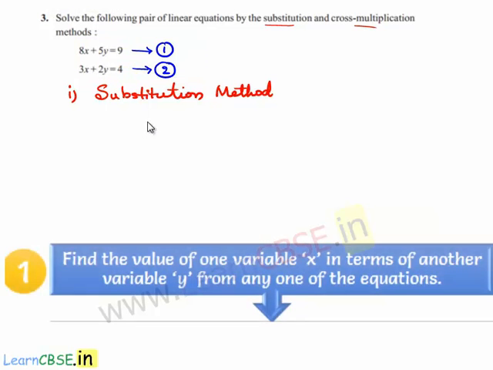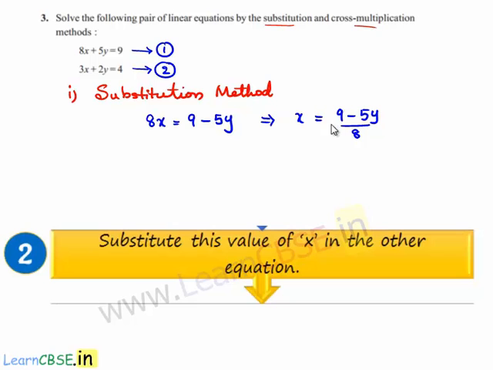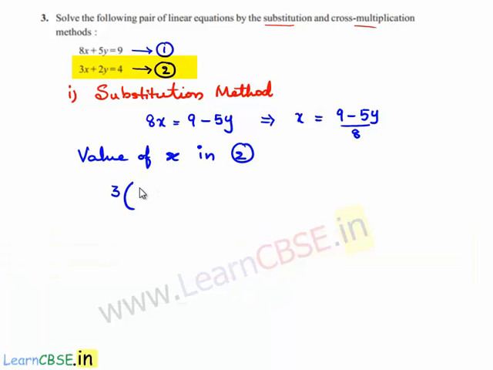The first equation can be written as 8x is equal to 9 minus 5y. That implies x is equal to (9 minus 5y) divided by 8. So let us substitute the value of x in equation number 2. We get 3 times of, in place of x we write (9 minus 5y) divided by 8, plus 2y is equal to 4.